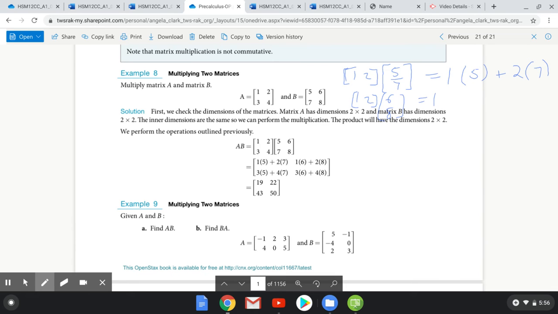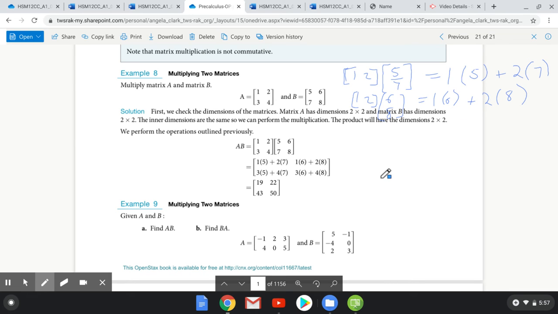But we get 1 times 6 plus 2 times 8. So that's 6 plus 16, which is your 22 here.